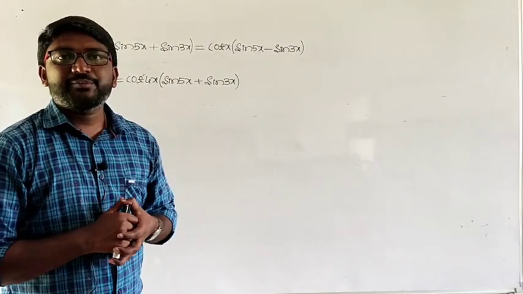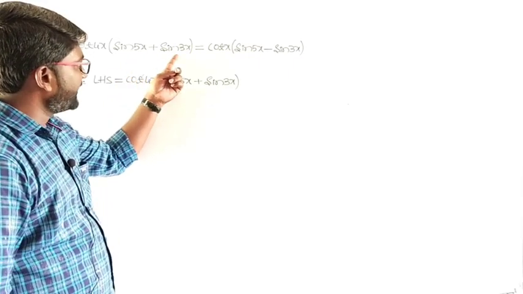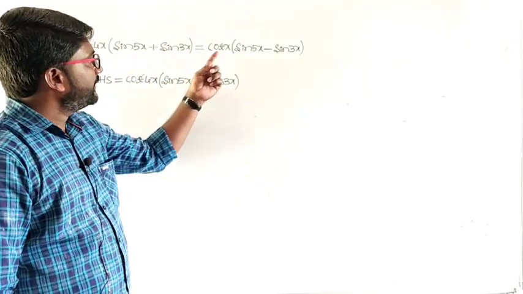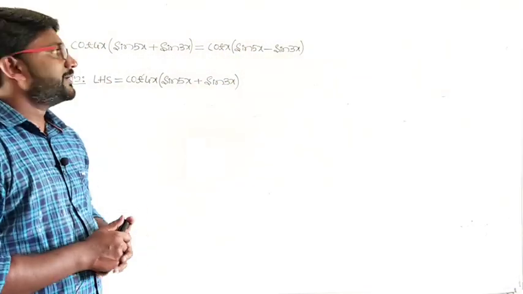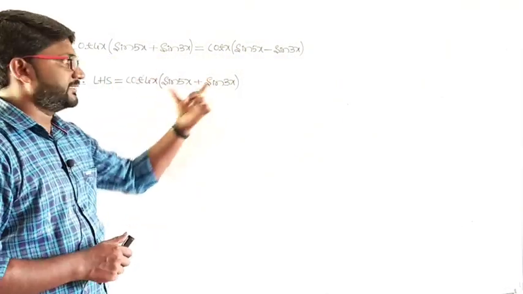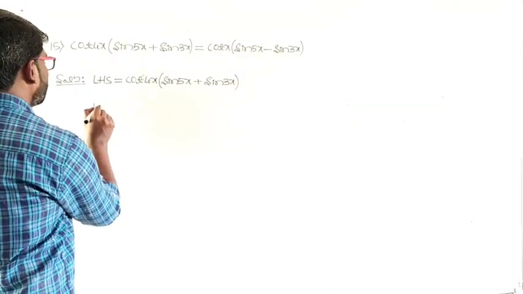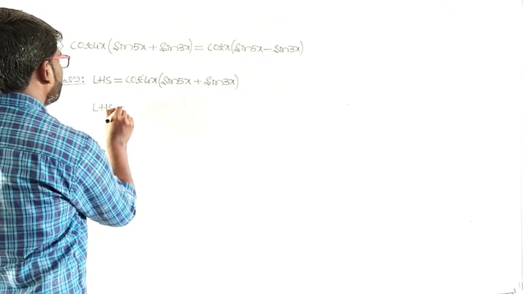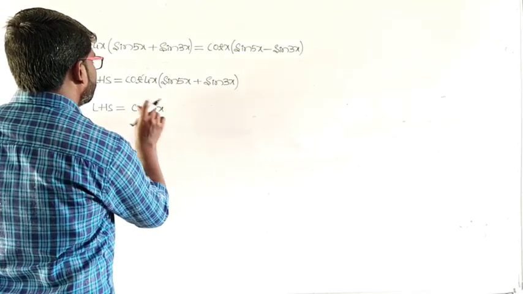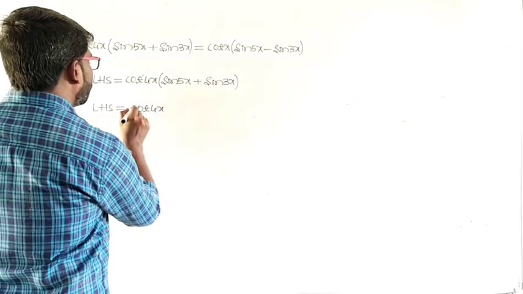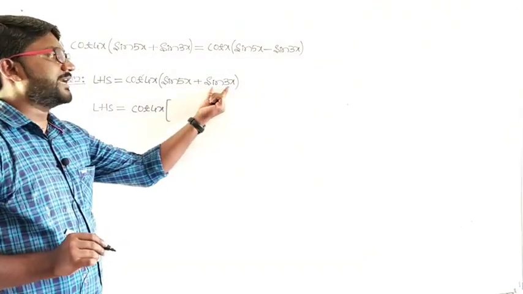Well, the 15th problem: prove that cot 4x into sin 5x plus sin 3x is equal to cot x into sin 5x minus sin 3x. I have taken this as the LHS, so let us simplify this. Left hand side is equal to cot 4x as it is, then into the bracket, which is in the form of sin x plus sin y.